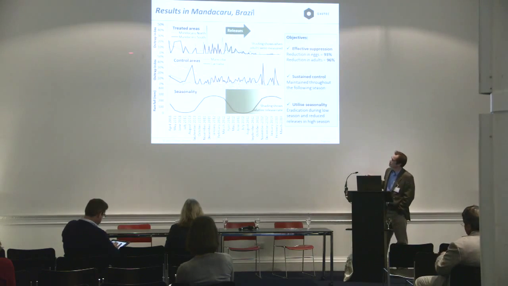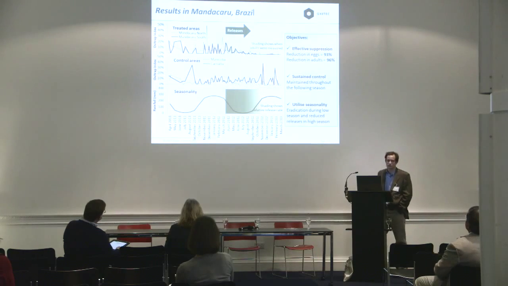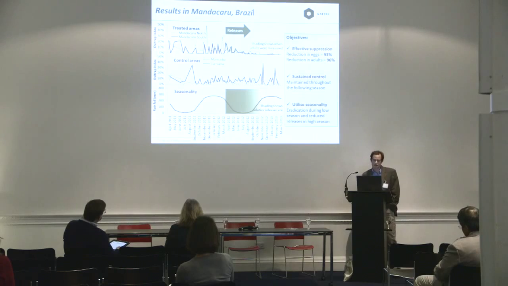As I mentioned, we had control sites, so just to show this isn't a seasonality effect, from here to here is a year, so this period here would correspond with this period. And also we've got these two villages which were matched in terms of habitat and mosquito population. You can clearly see there's no drop-off in mosquito population here, so it's a very clear result. We were able to achieve good control here.